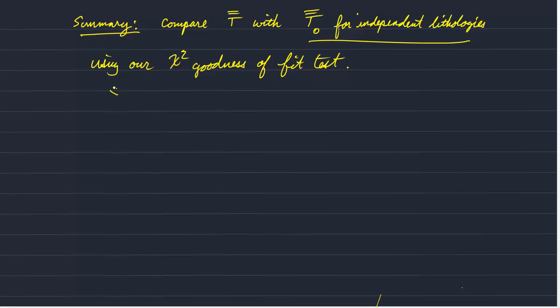So that's the overall strategy. And the steps are, first we have to compute P0, the transition probability matrix for independent lithologies.